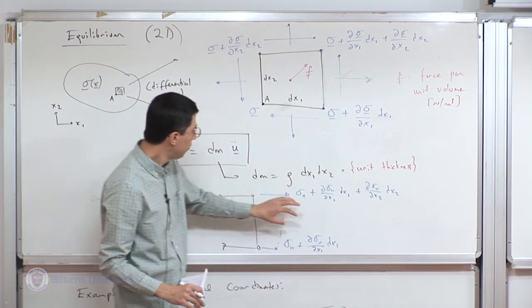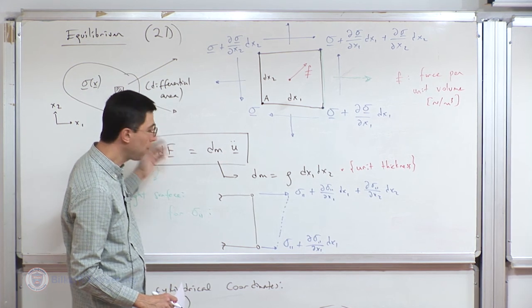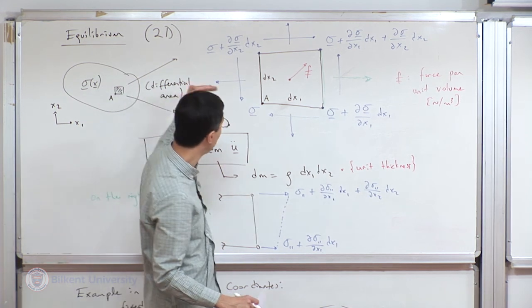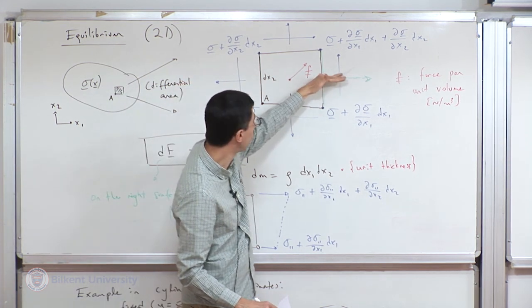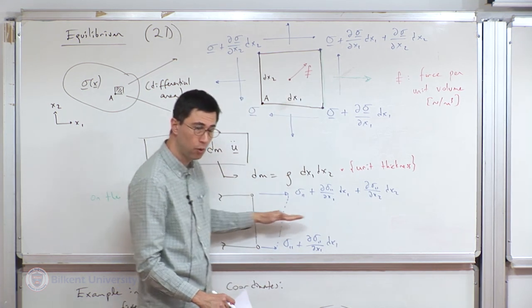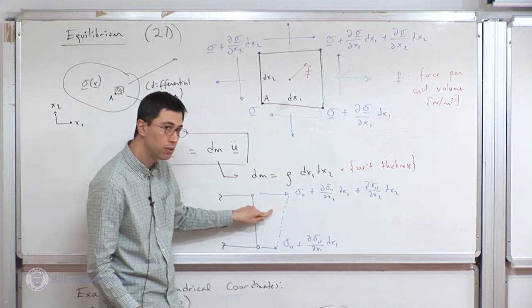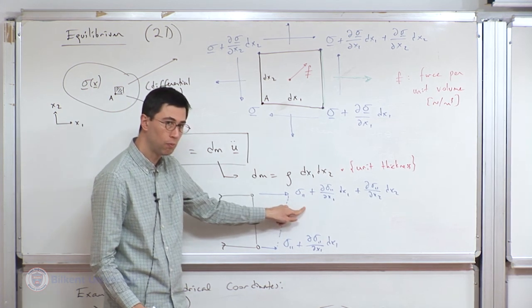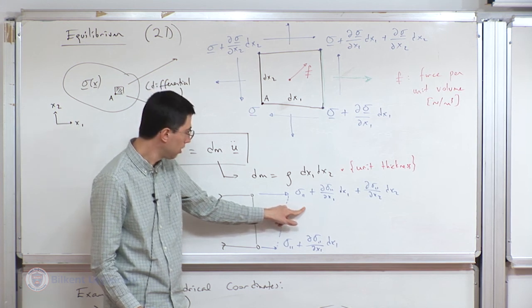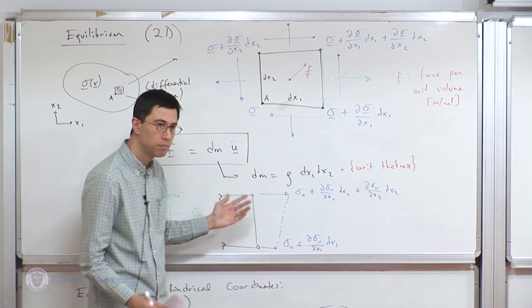And now, when I talk about this incremental force, it has various components. But along the one component, for sure, sigma 1, 1 is making a contribution to that net force on that infinitesimal element. And the net force due to sigma 1, 1 along the one direction is the area under this curve.